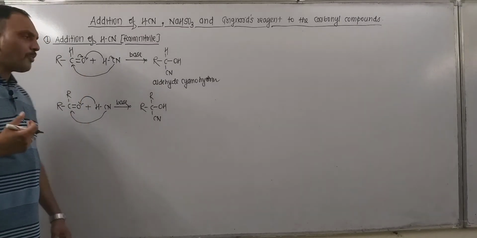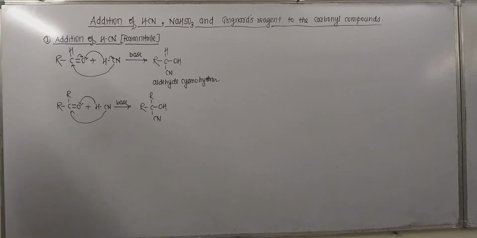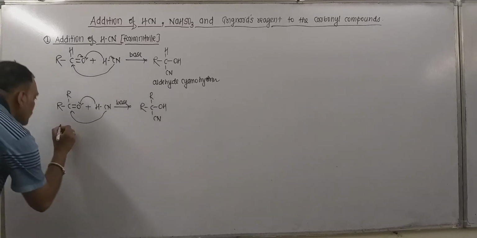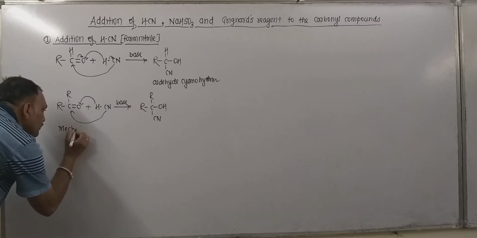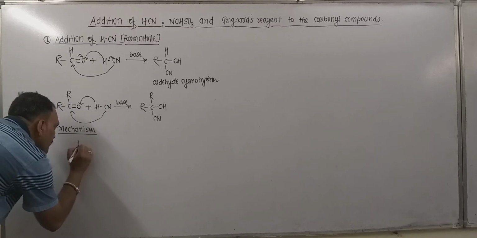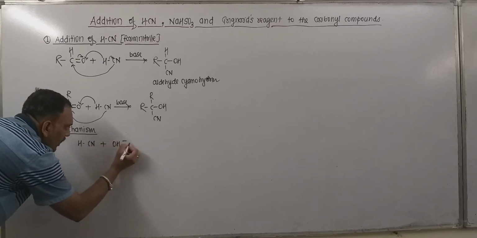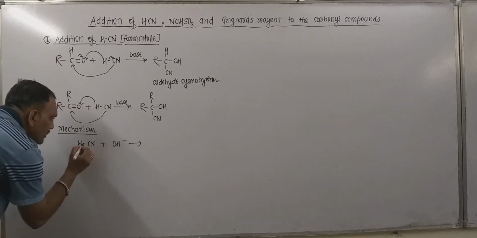So now as far as the mechanism of this reaction is concerned, it can be explained in two distinct steps. So the mechanism is so simple. So first of all, what happens, in HCN, the proton ultimately gets removed by the base.